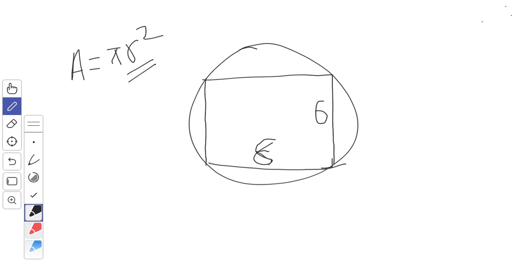Now by looking at the figure, how can we find the diameter? To find the radius, first from the diagram it will be easier for us to find the diameter. Once we get the diameter of the circle, then we can get the radius of the circle.